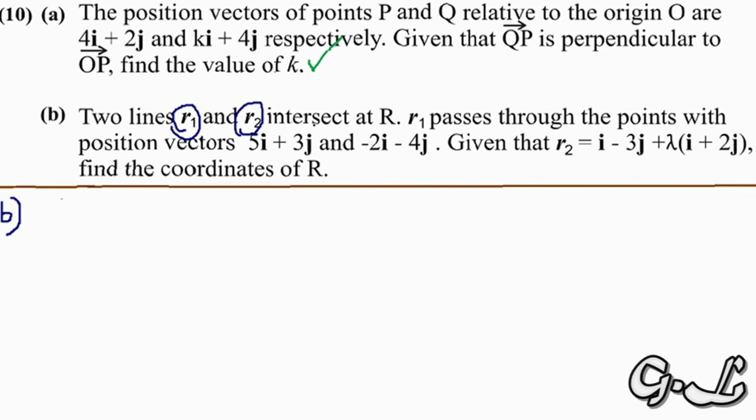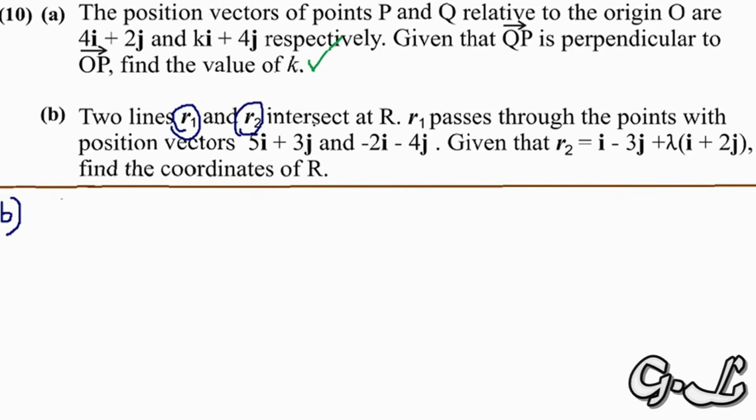One thing that you need to keep in mind is that it can be in coordinate geometry or in vectors. When two lines intersect at a point, it means that when you say that R1 is equal to R2, you're easily going to find the coordinates of that point. So it can be either in coordinate geometry or vectors.